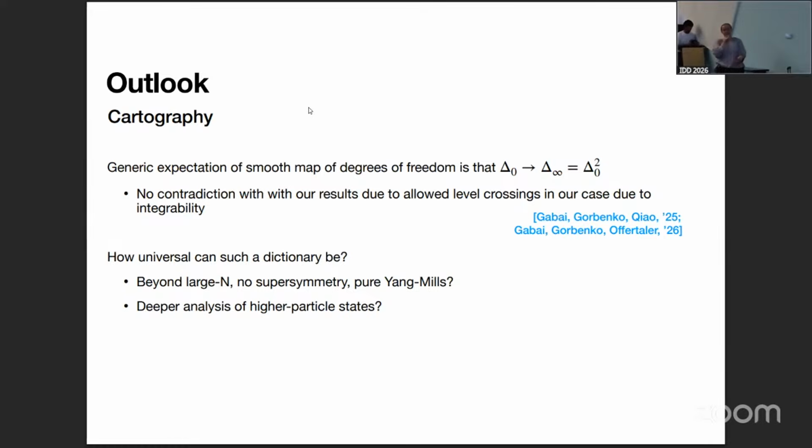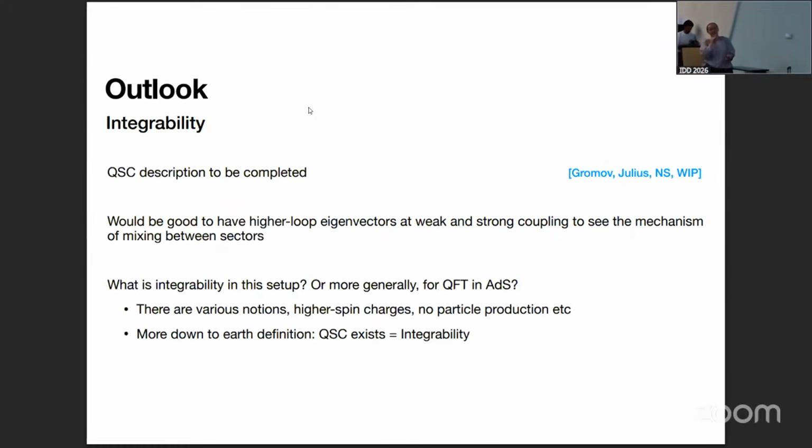Even for higher particle states, if we consider three particle states in this theory, is the structure simpler or not? I would say no, maybe only the two particle subsector is nice, but it's something we don't know. We need to consider more particles and then see what the interplay is with our solutions from even the asymptotic Bethe ansatz to see what we can say.